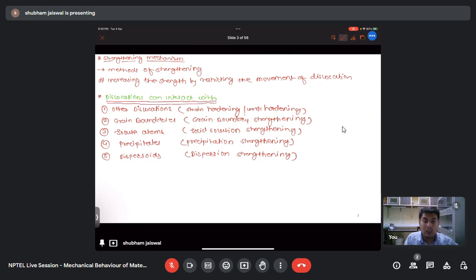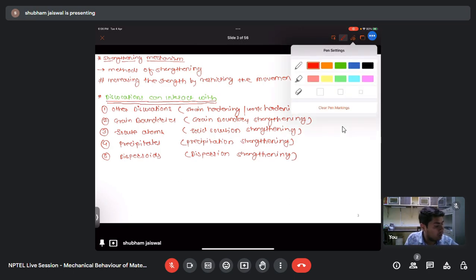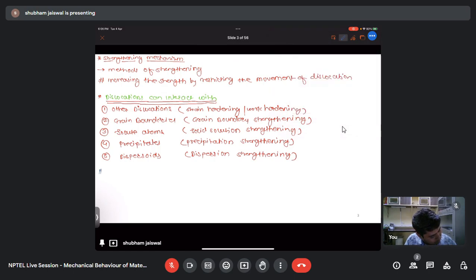Now let's see the first one, that is precipitation strengthening. The precipitates, which are very fine, can restrict the motion of dislocations and thus increase the strength of the material.